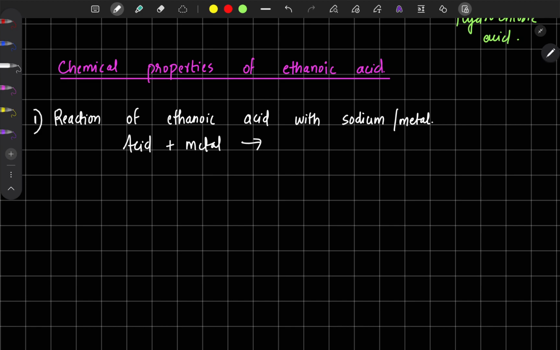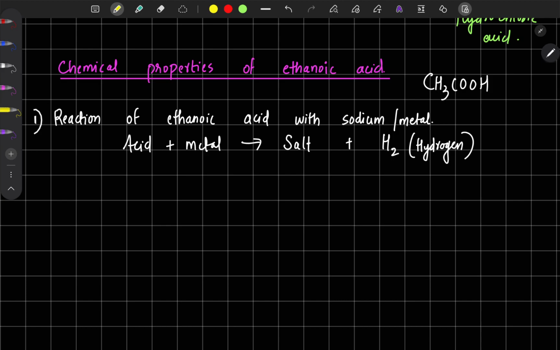If you remember, what you will get is salt plus H2. H2 means hydrogen. So this is a general reaction. Now what is the acid here? Ours is also an acid, ethanoic acid. So what is the formula of ethanoic acid? Yes, it is CH3COOH.